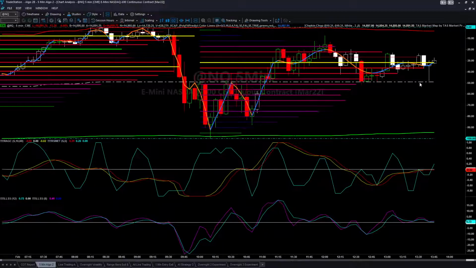You can kind of follow what it's doing with this blue trace right here. But it is definitely going sideways.